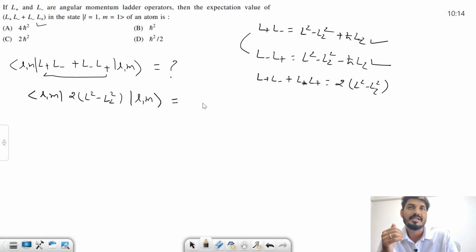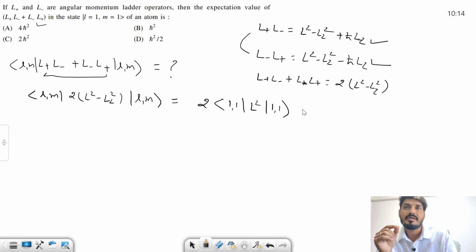Now 2 I can take outside, and then what is LM? 1 1. So this is 1 1 on L square, and again 1 1, then minus 2 times 1 1 on LZ square, again 1 1 state.